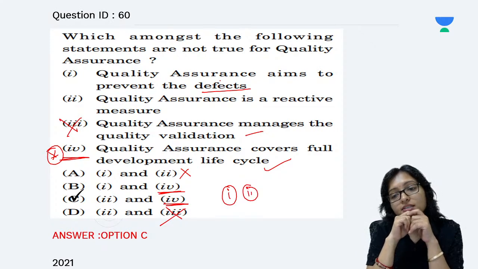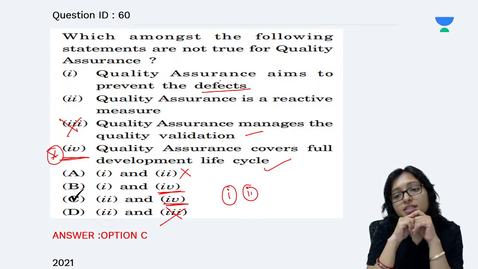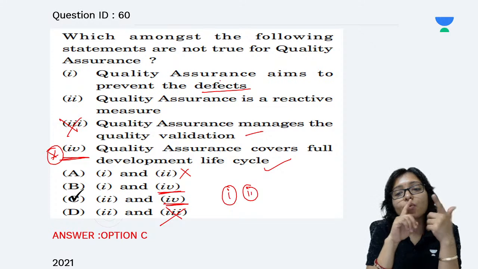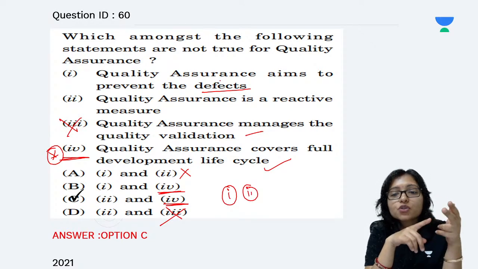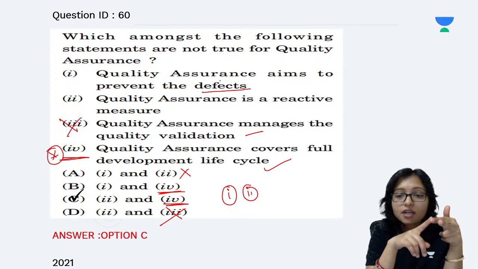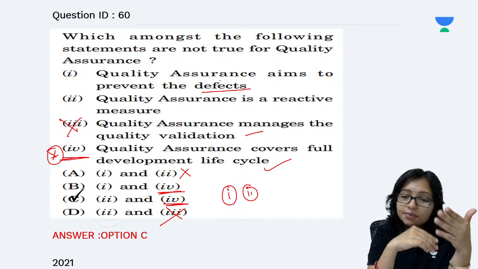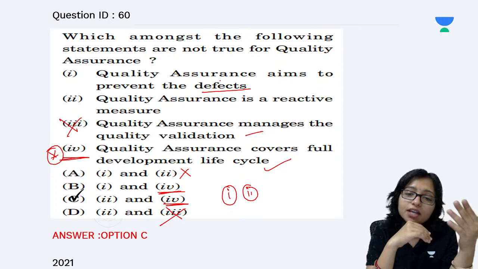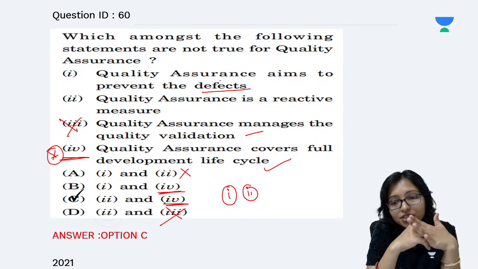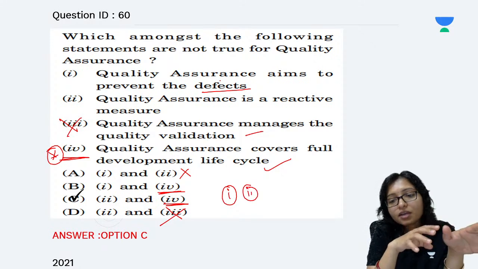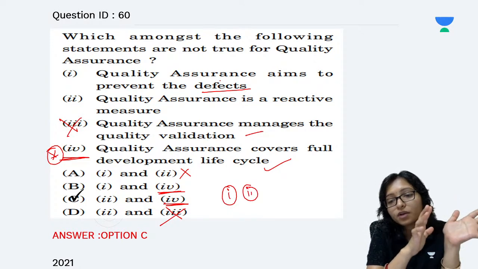Quality assurance is a proactive process that focuses on defect prevention by progressively refining the manufacturing process, policies and procedures.